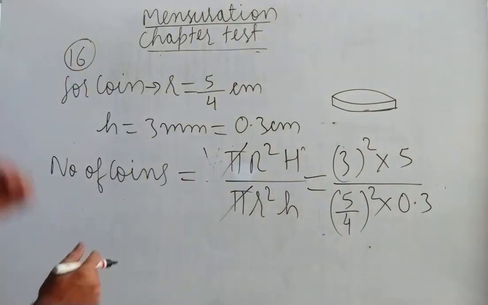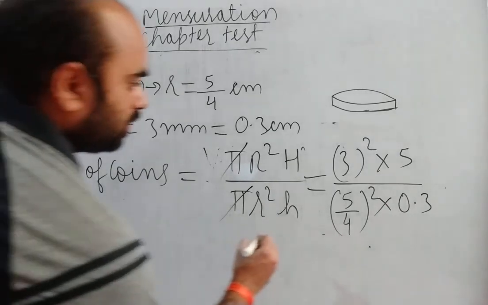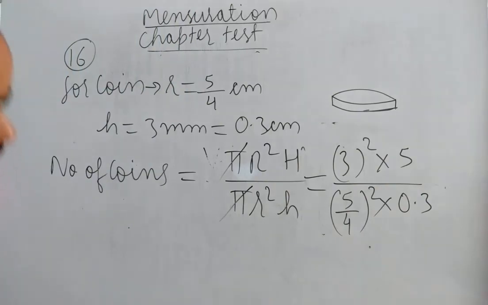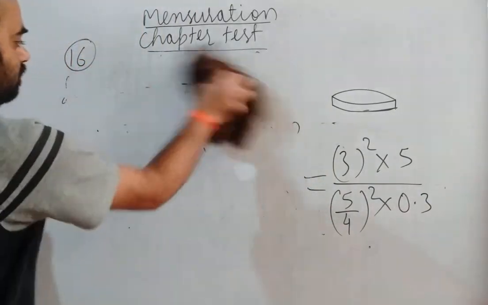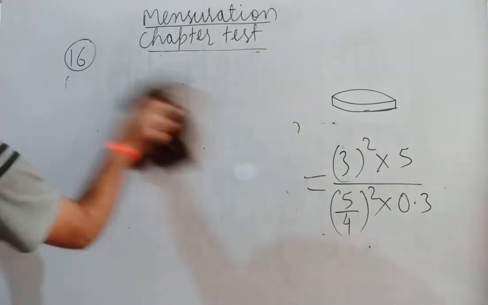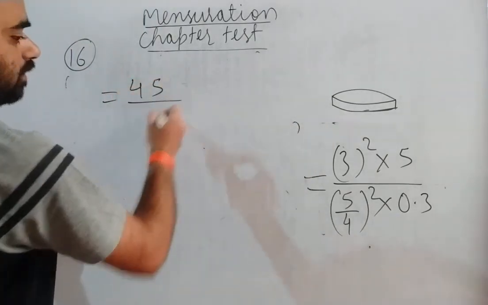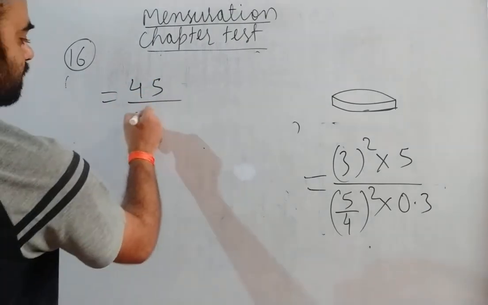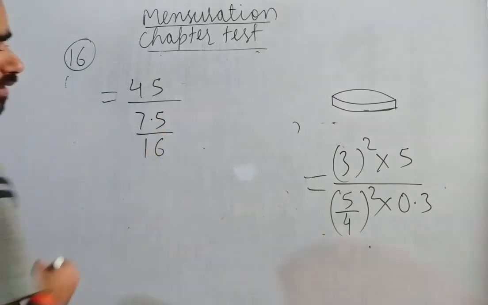So finally this will come. Here, you can solve. Finally, the numerator is 45, the denominator is 25 into 0.3, it means 7.5 upon 16.